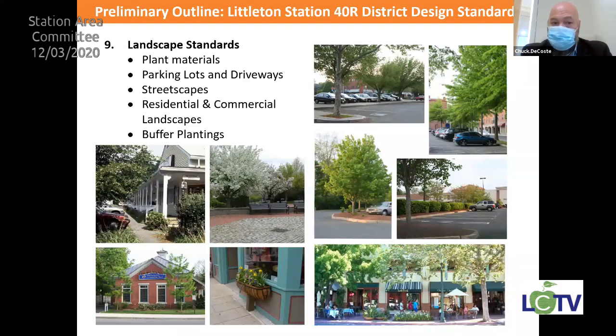We want to screen this and make it blend in as much as possible. Have the developer work with what they've got rather than bulldozing the whole site and putting in 15-foot trees that are going to be replaced in another 10 years because they didn't survive.